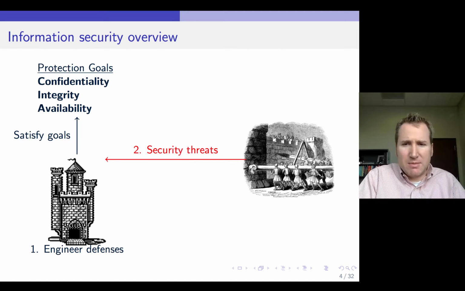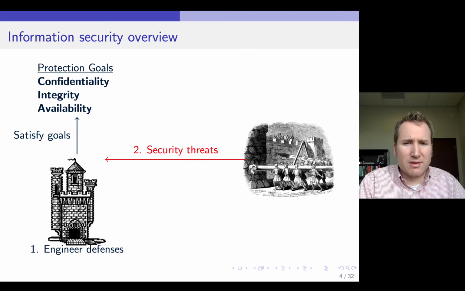But in the meantime, there are attackers out there who pose threats to the security of these goals. To continue the castle analogy, we have attackers who develop a battering ram to try to breach the defenses of the castle.